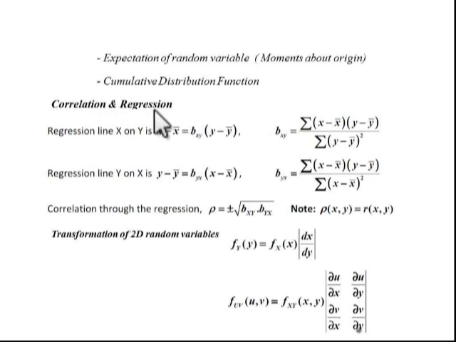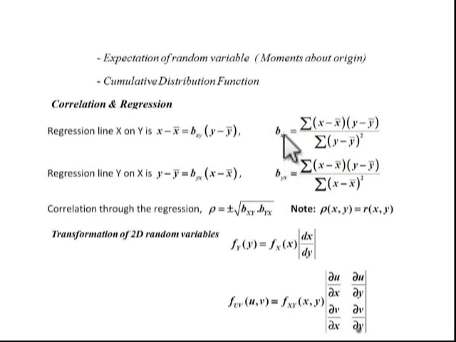Using regression, we define a relation between x and y either as a linear equation or as a curve. The regression line x on y is given here, where bxy is the regression coefficient, and the regression line y on x is given here, where byx is the regression coefficient of y on x.